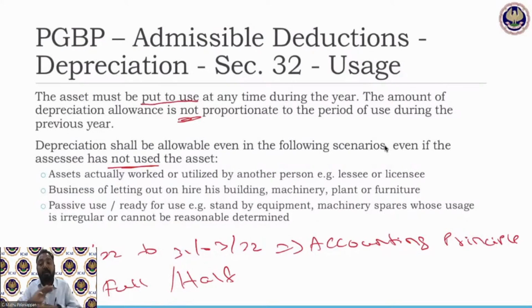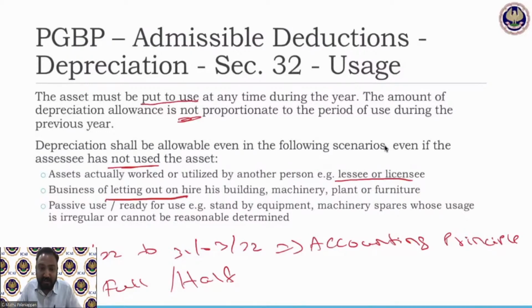It is not my asset. It is only his asset. So he only can claim depreciation. That's why the example of lessee or licensee. So the asset which is actually owned by someone, they only can claim, even if it is not used by them, because their business itself is letting others use, right? So that's what it is about. So that's what we are calling here also letting out on hire.